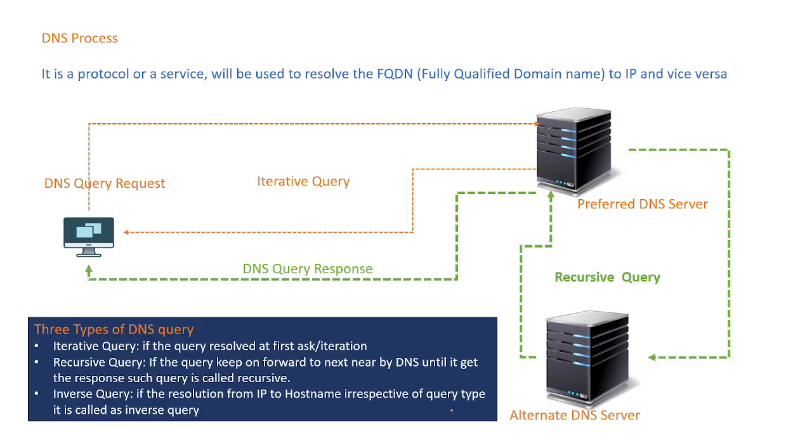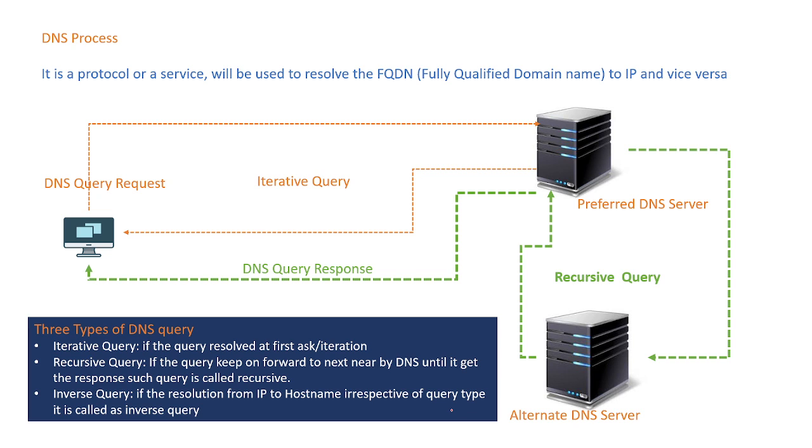Okay. Now you know how the DNS query gets resolved, but let us understand there are a couple of processes there. So as soon as you type www.facebook.com, the query will get initiated.